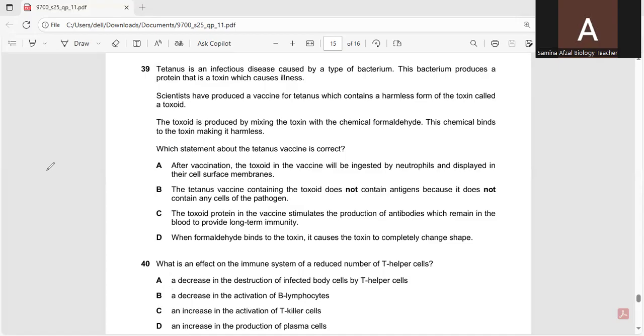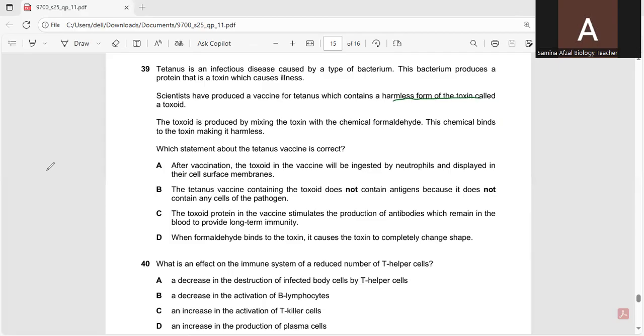The toxoid is produced by mixing the toxin with the chemical formaldehyde. This chemical binds to the toxin, making it harmless. Which statement about tetanus is correct?